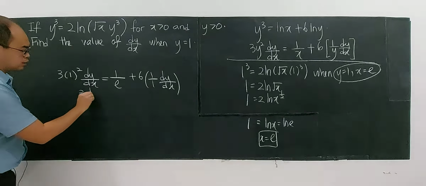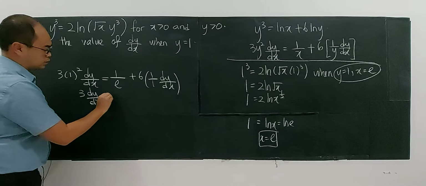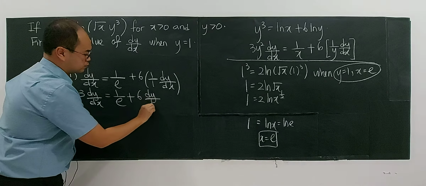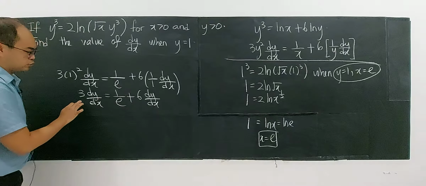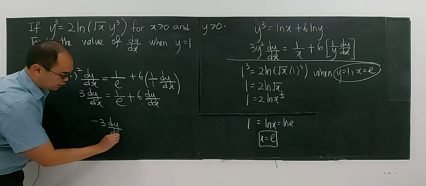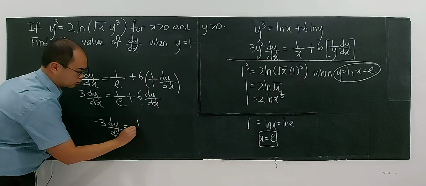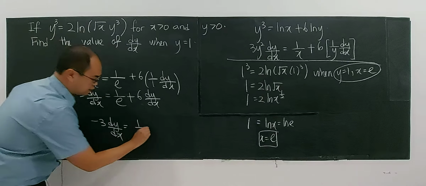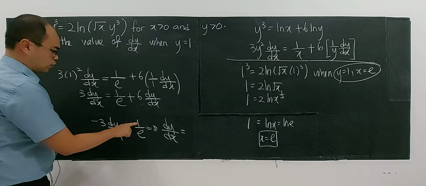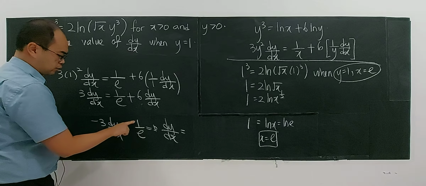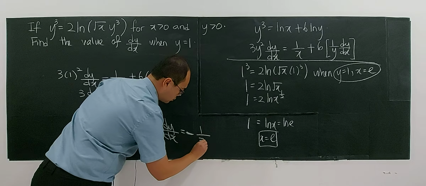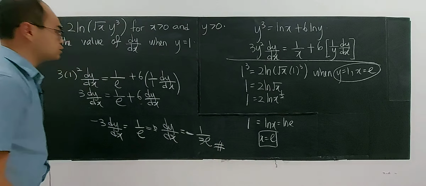Then here you have 3 dy/dx, and here you have 1 over e plus 6 dy/dx. So 3 dy/dx minus 6 dy/dx gives negative 3 dy/dx, that is 3 minus 6, equals 1 over e. Finally, the value of dy/dx will be 1 over negative 3e, so it's negative 1 over 3e. This is the answer for this question.